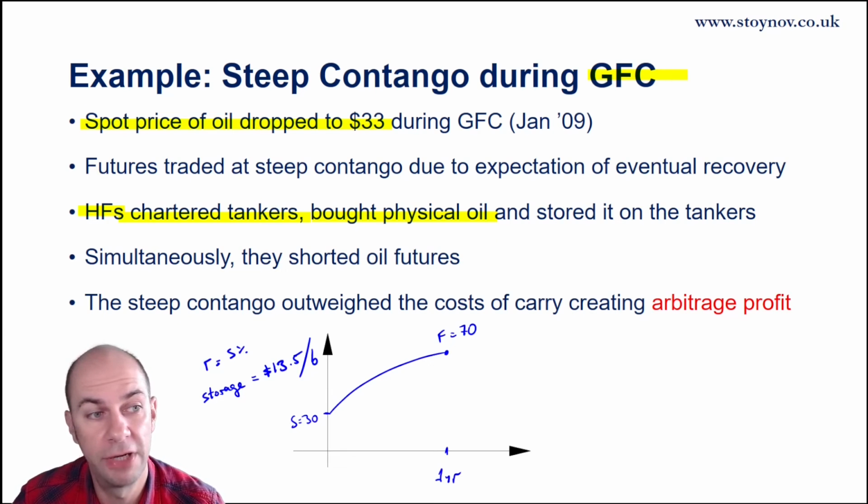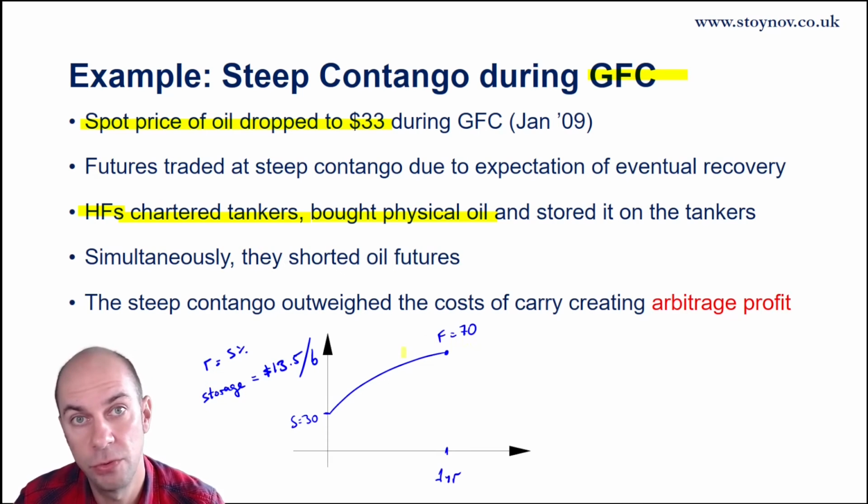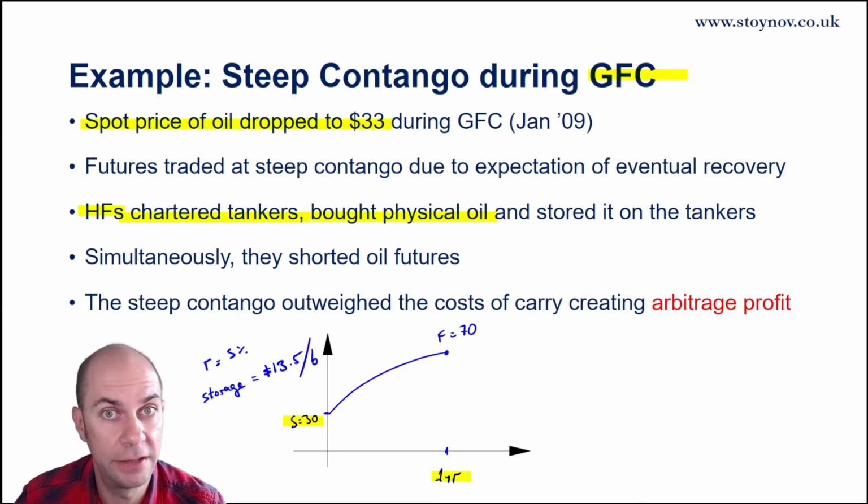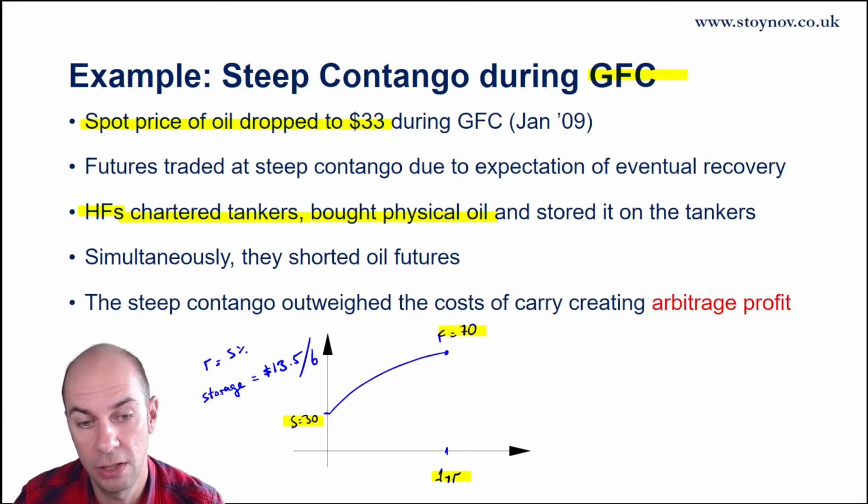Okay, quick numerical example here to illustrate what we mean. There's your steep contango curve, where in January of 2009, oil is trading at $30 per barrel, but 1 year later, the futures price for delivery 1 year later is at 70. So you can see here massive, massive contango, $40 contango.